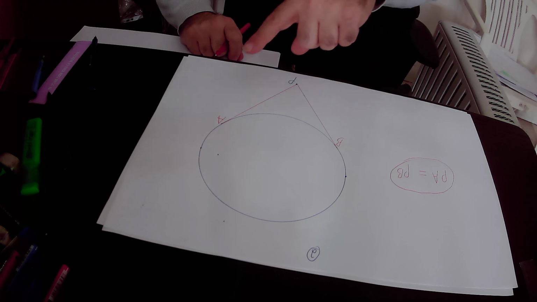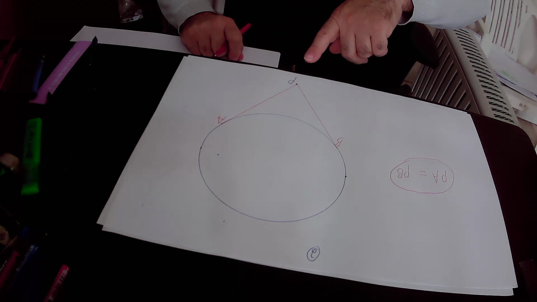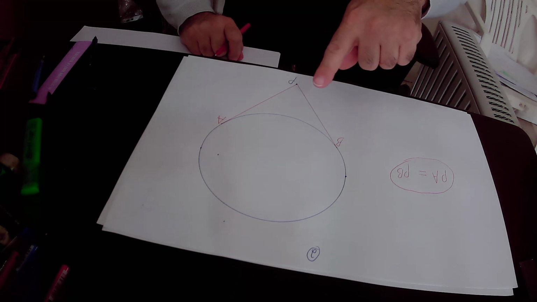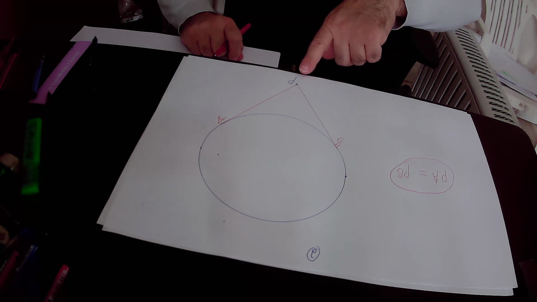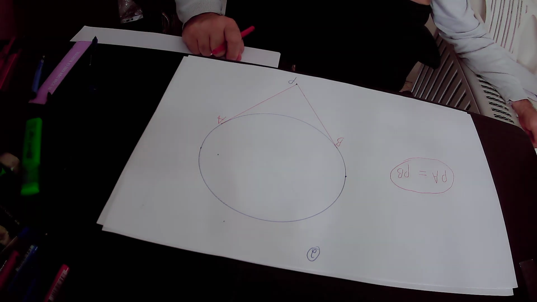In this case, PA is equal to PB because we draw two tangents to the blue circle from a common external point, point P. Okay, so that is the meaning of two tangents theorem.